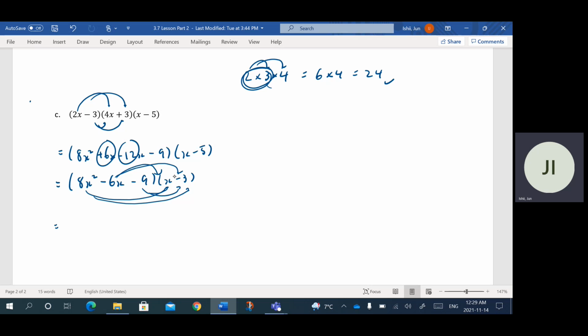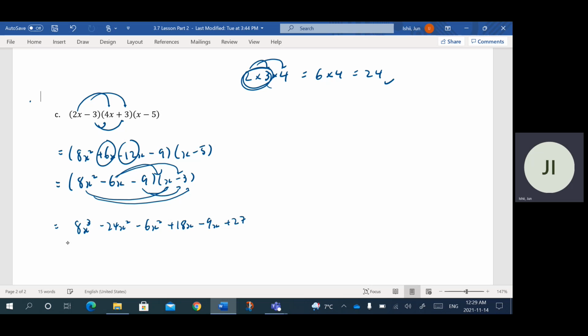Let's do that. 8x squared times x is 8x cubed. We have 8x squared times negative 3, so negative 24x squared. Then negative 6x times x, so negative 6x squared plus 18x. And then negative 9x plus 27.